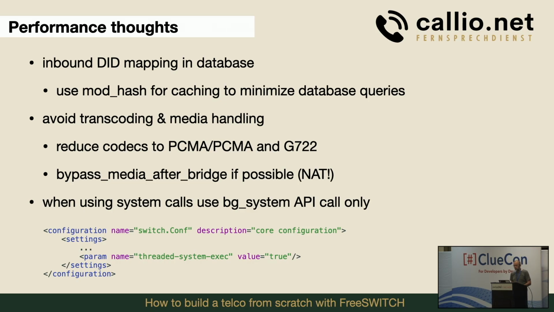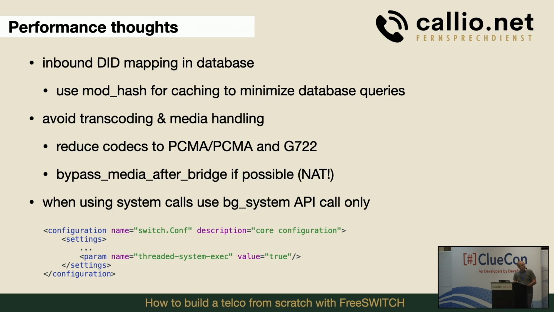Therefore, I use mod hash to store all the relevant data in our hash table, and I keep it for 5 minutes or so until I refresh it on every new call.